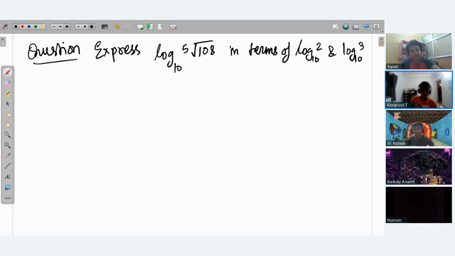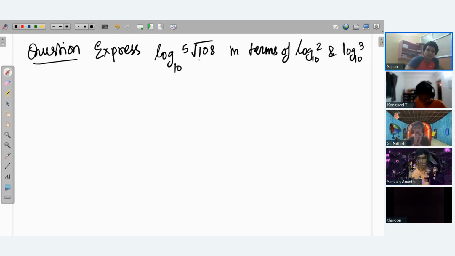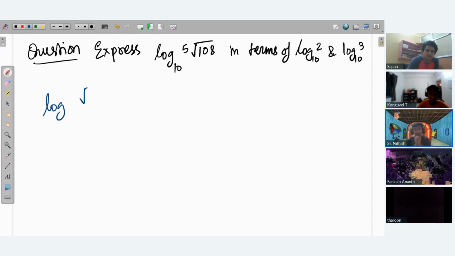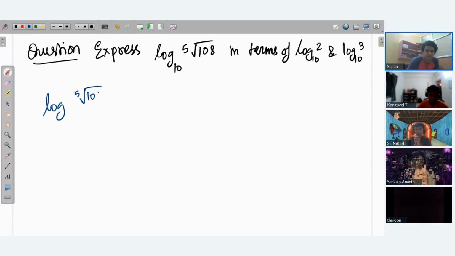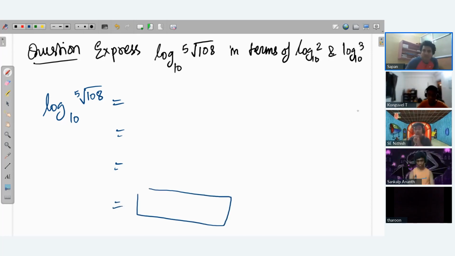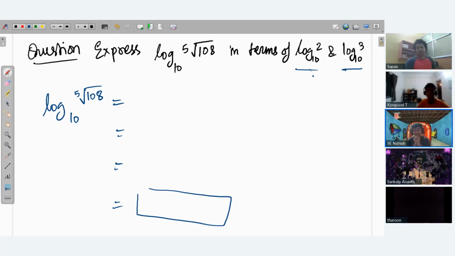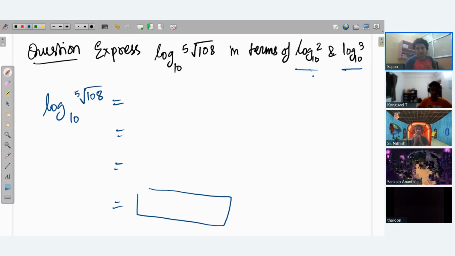You have this expression, log of the fifth root of 108 on base 10. I want to rewrite it in a form where the only things present in the final expression are these two things. They could be powers, plus, multiplication, whatever, but they should only involve these two.